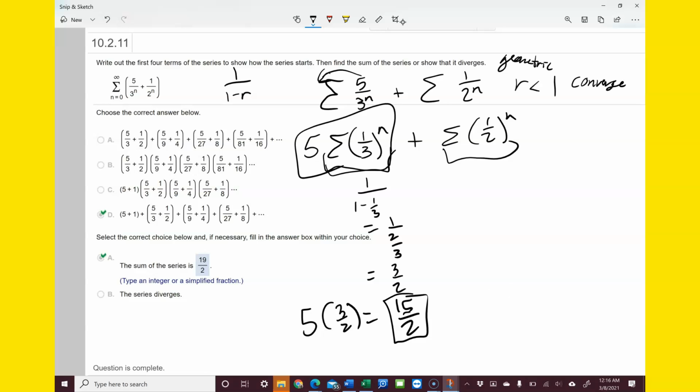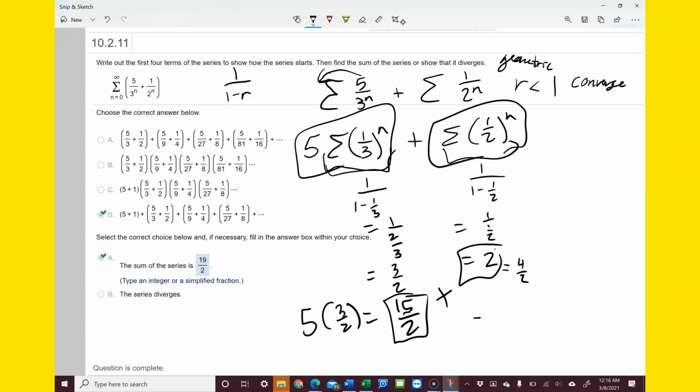This one's going to be 1 over 1 minus a half, which is 1 over a half, which is 2. So now we add them together, 15/2 plus 2, and 2 is the same thing as 4/2. So 15/2 plus 4/2 is 19/2, and that is the answer to that problem.